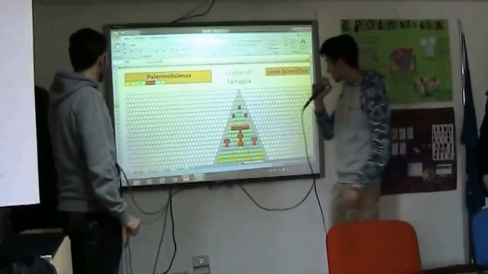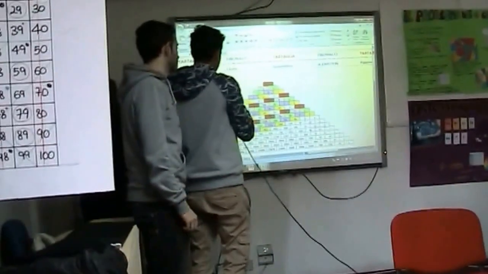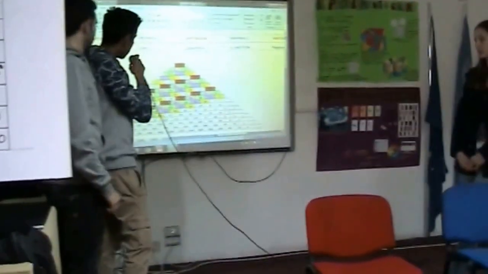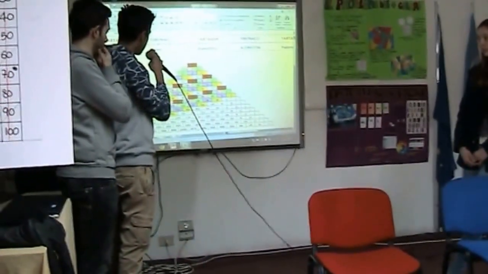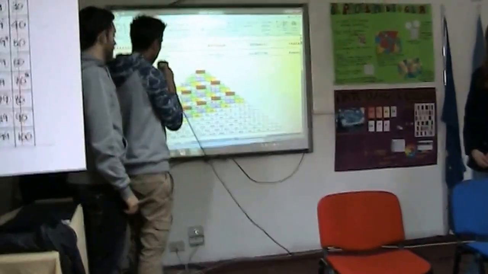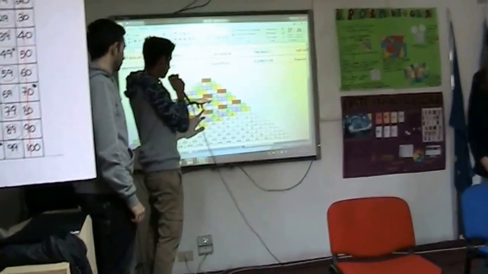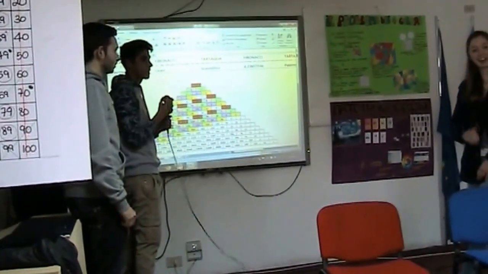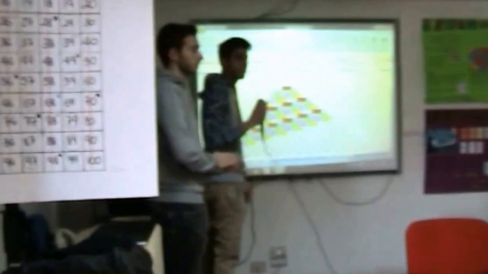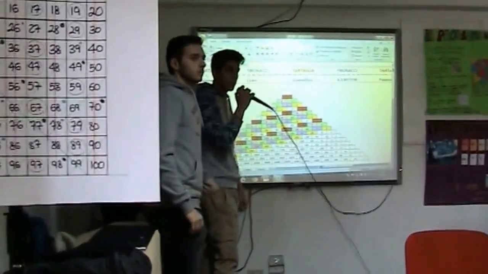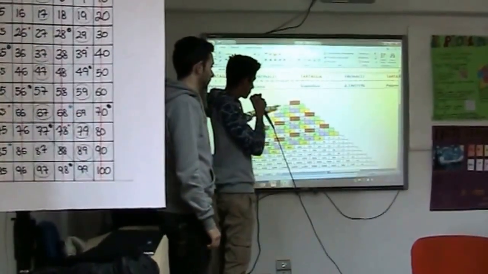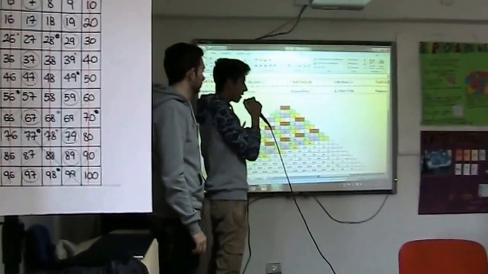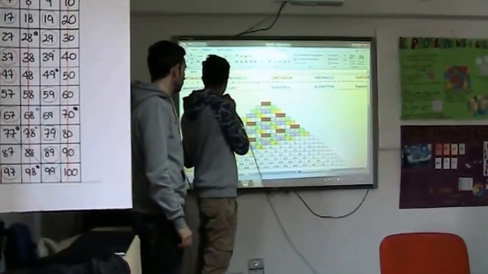Now another property of Tartaglia's triangle is that we can find the numbers of the Fibonacci series. By following the highlighted boxes in the triangle, we can find the numbers of the Fibonacci series.